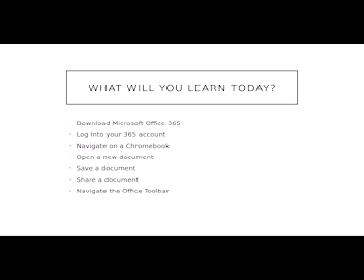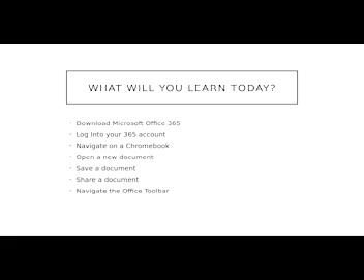All right, so what are we going to cover today? Today we're going to cover how to download the Microsoft Office 365 app to your Chromebook, how to then log into your 365 account, how to navigate on your Chromebook, so how to find that app once you've downloaded it, and how to pin it to your shelf on your launcher.